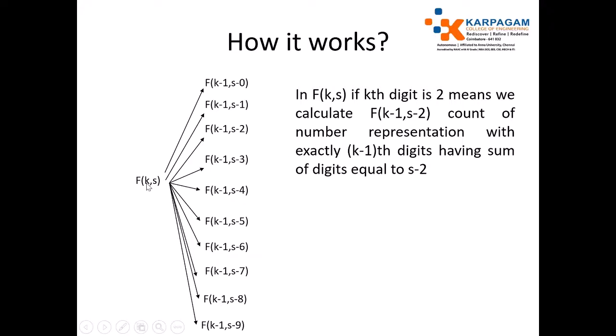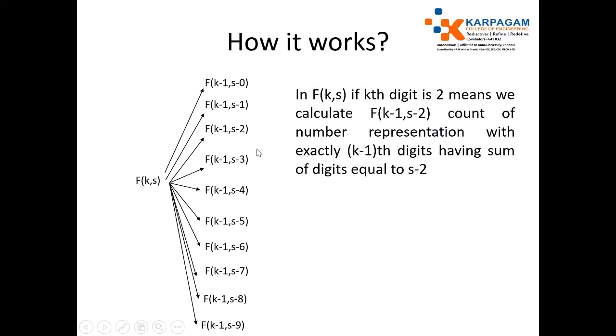So k is the number of digits and s is the sum. For solving f of k comma s, we need to solve f of k minus 1 comma s minus 0, f of k minus 1 comma s minus 1, up to f of k minus 1 comma s minus 9. This is a simple example.